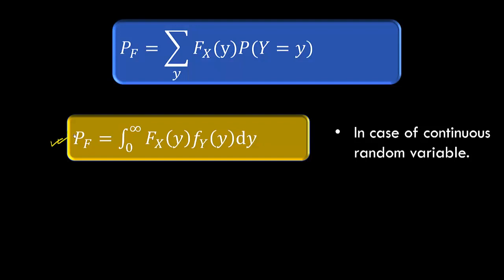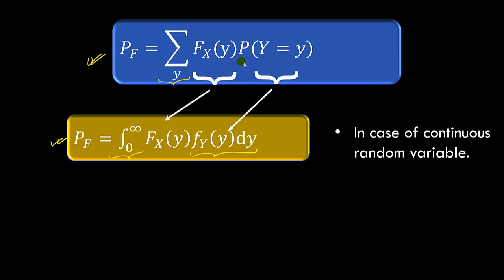Now if you see this expression and compare with the previous expression, we can see the first term is the same, that is CDF of x evaluated at a small y, and the second term becomes fy dy. We also have one difference, that is summation is now written in terms of integration.